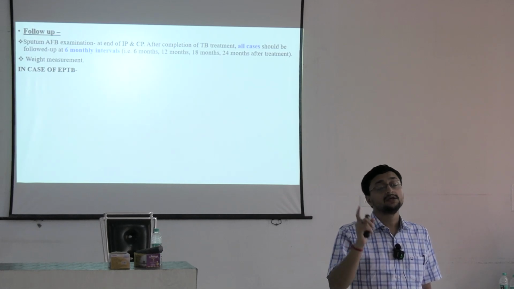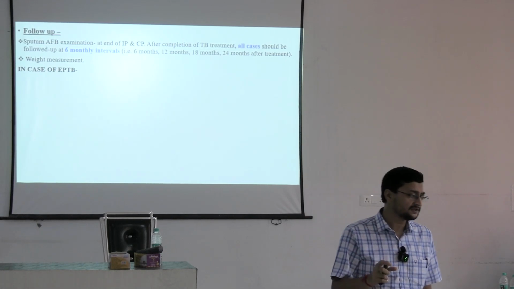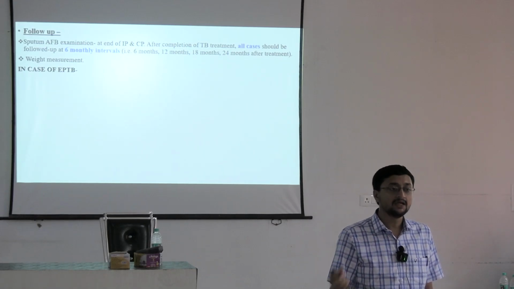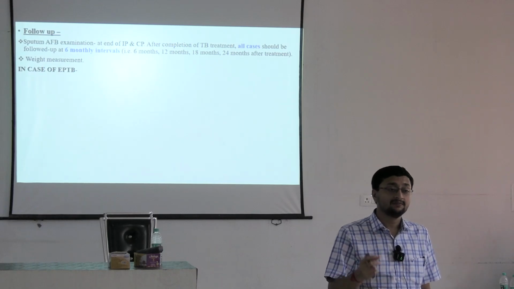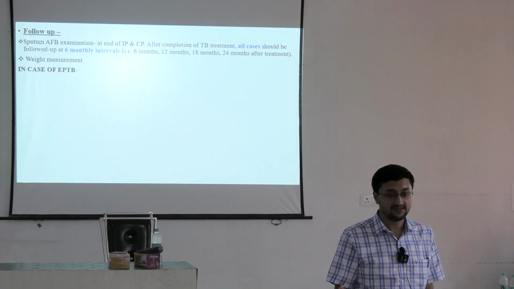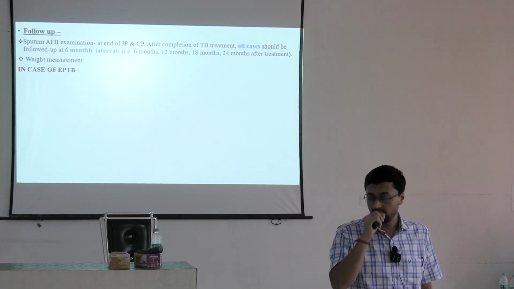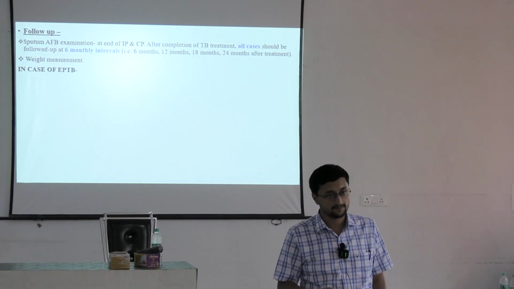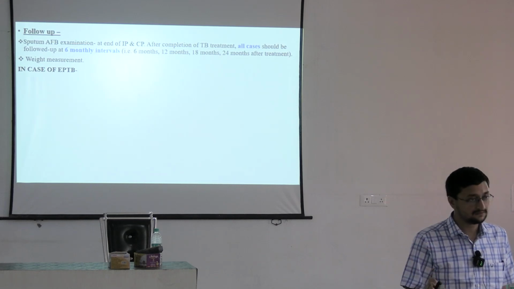But mind it, in lymph node tuberculosis specifically, after 3 to 4 months of initiation of anti-tubercular drugs, the size of the lymph node may not decrease, and can even increase further, right? This is called paradoxical reaction. But after 3 to 4 months, the size will reduce. So in lymph node tuberculosis, measure the size of the lymph node.